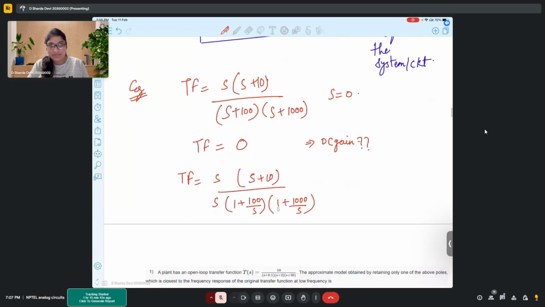Mathematically this can be done, right? There is nothing wrong in this. You cancel both the s's and then substitute s equal to 0.